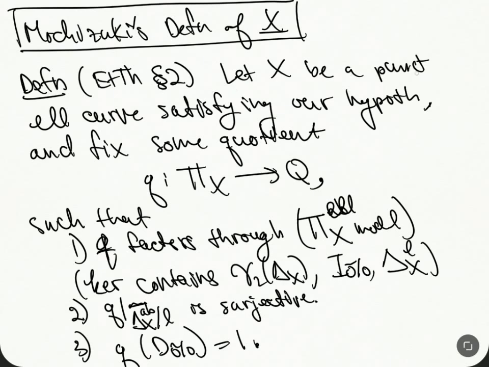So what do we say? X is a punctured elliptic curve satisfying our hypotheses, and we fix some quotient such that this holds.